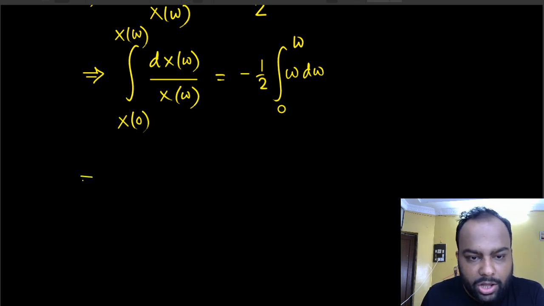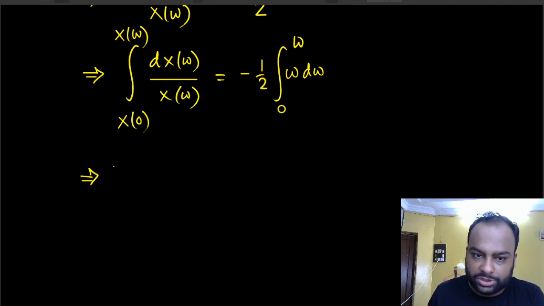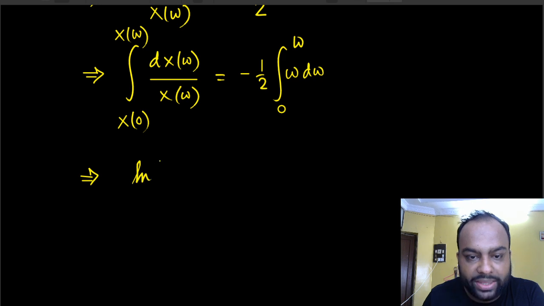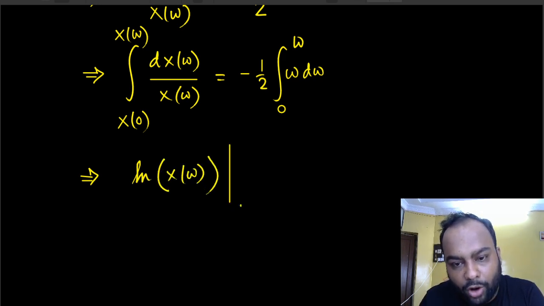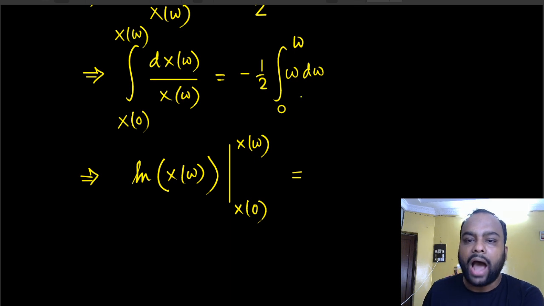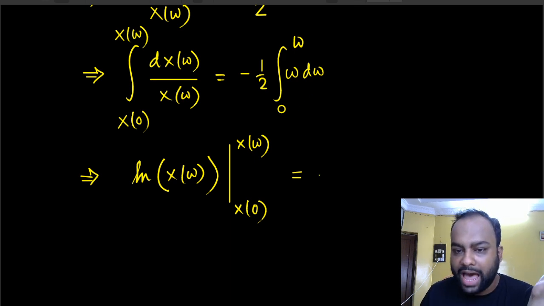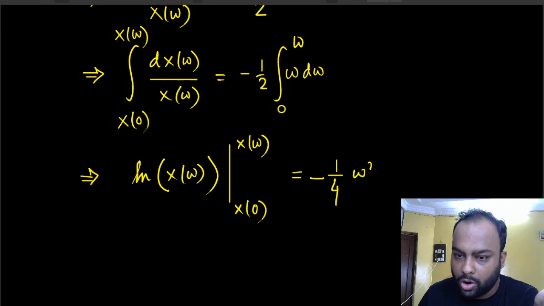All right. So this is dX(omega) divided by X(omega). The integral of this is going to be the natural log of X(omega), evaluated from X(0) to X(omega). And on the right, this is going to be half omega square, and we already have a minus half outside, so this is going to be minus 1 by 4 omega square evaluated from 0 to omega, so that's omega square.